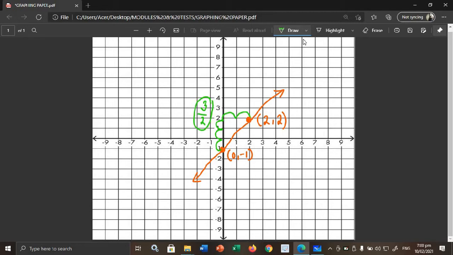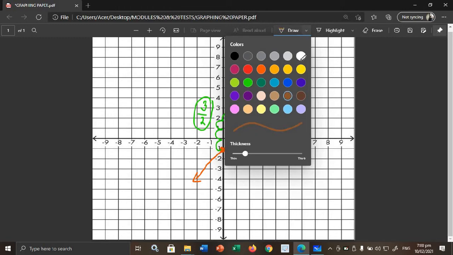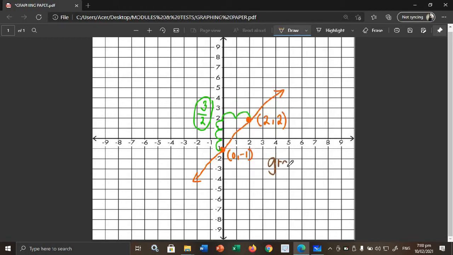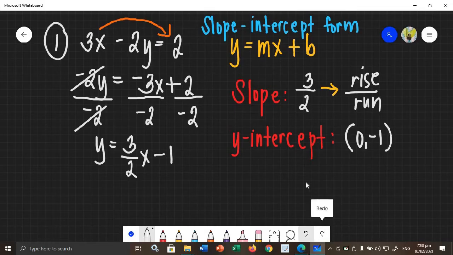Okay? And this will be now the graph of 3x minus 2y equals 2, which is the given linear function. So that's it. So let's say we will be having another example.